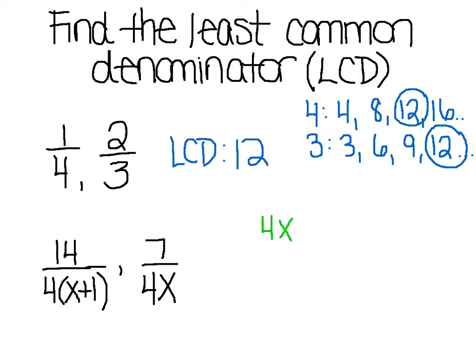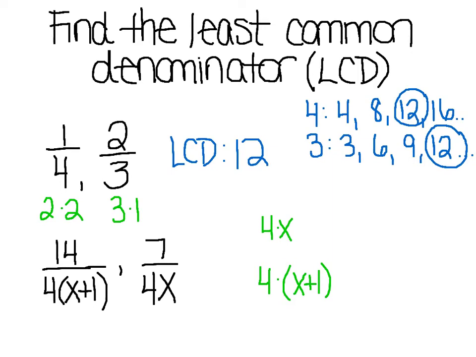So we have 4 times x and 4 times x plus 1. If you look at 1/4 and 2/3 from up above, similarly, we kind of thought about this as 2 times 2 and 3 times 1. And we're looking for how many times I can multiply these all together.